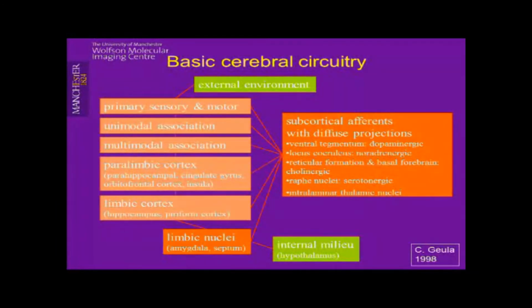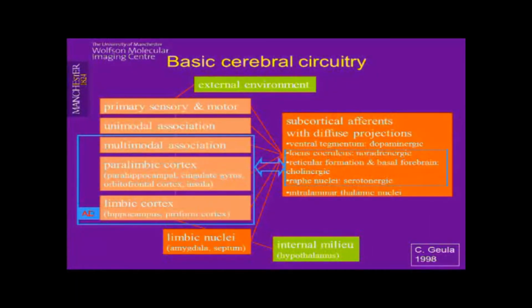This is a very busy slide. I would just like to use it to illustrate another point, which again is very relevant for imaging: the brain obviously is not a homogeneous structure. It has many, many substructures, and these substructures interact with each other. For instance, when we look at Alzheimer's disease, we know from basic science that there are certain brainstem regions like locus coeruleus, reticular formation, basal forebrain with the cholinergic nuclei, raphe nucleus, serotonergic, which have diffuse projections into the cortex and affect particular areas in the cortex, regulate what the cortex does.